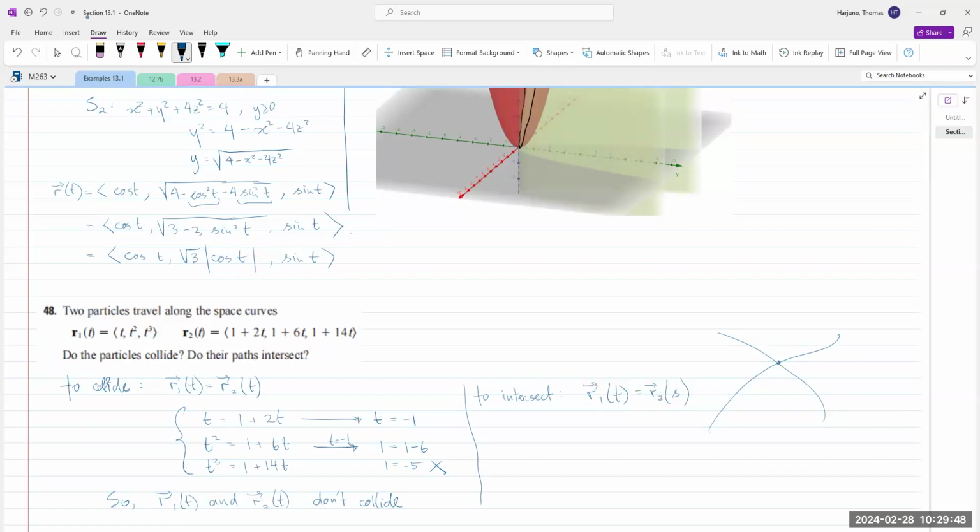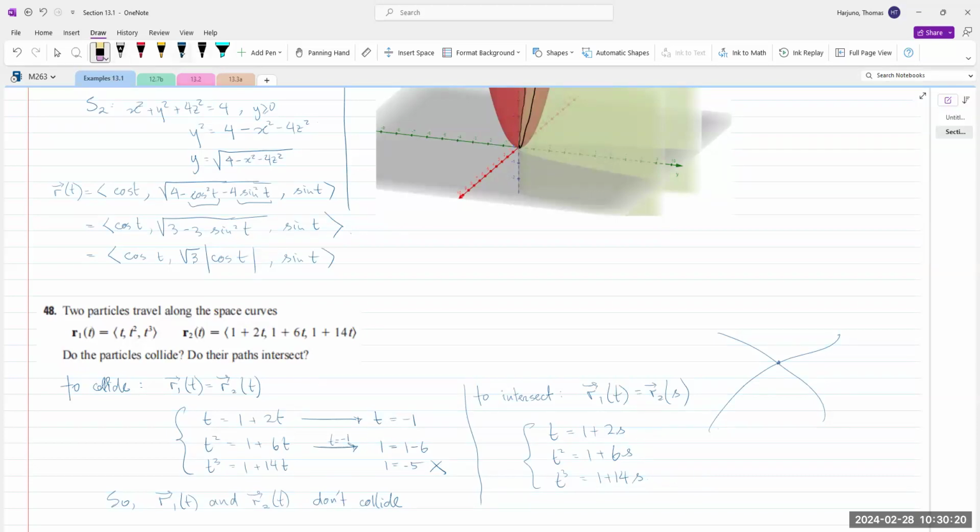So if I try to solve that, t equals 1 plus 2s, t squared equals 1 plus 6s, t cubed equals 1 plus 14s. Now we will use the first two equations to solve for t and s, and we will try that on the third equation to see if it is consistent. Okay, let's do so.